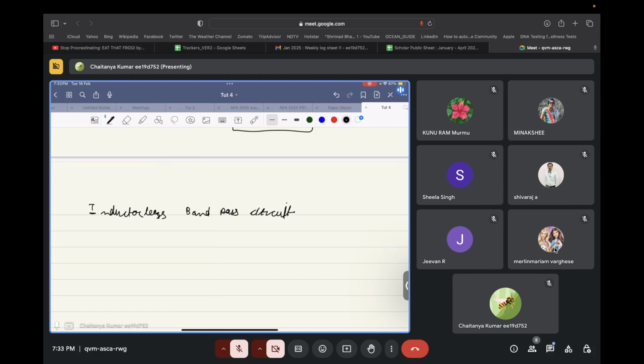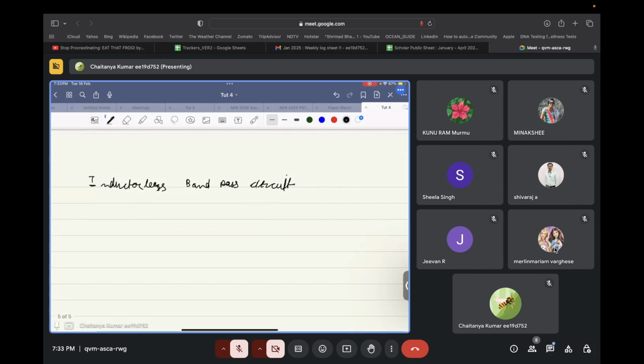Somehow, instead of an inductor, we want something that can behave as an inductor. So how does an inductor behave? Let's say my L is connected to ground and I push a voltage V in over here, and this is L. What will be the current that will be flowing through this from the voltage V in?